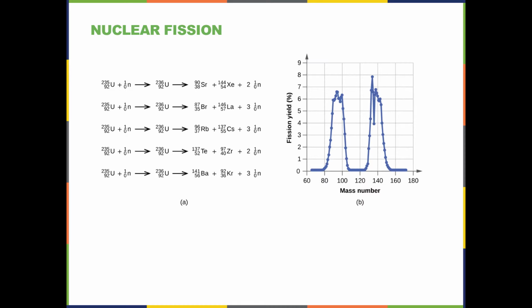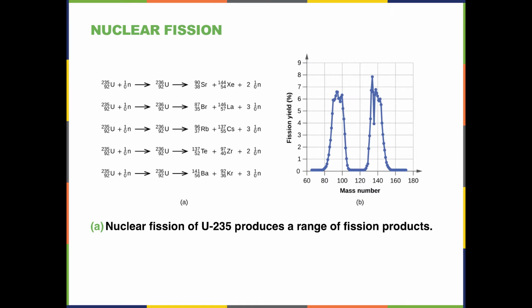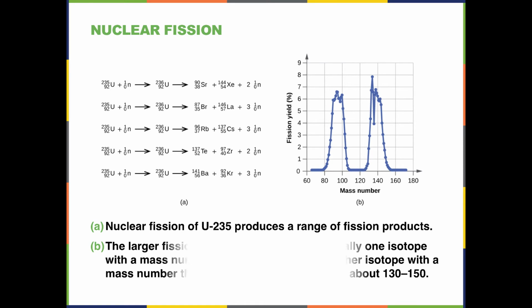Now this shows various fission reactions. The top one is one fission reaction, and in each fission reaction you have a different set of nuclei that are formed. And which ones are formed are measured on the right here. So nuclear fission can produce a range of various fission products.